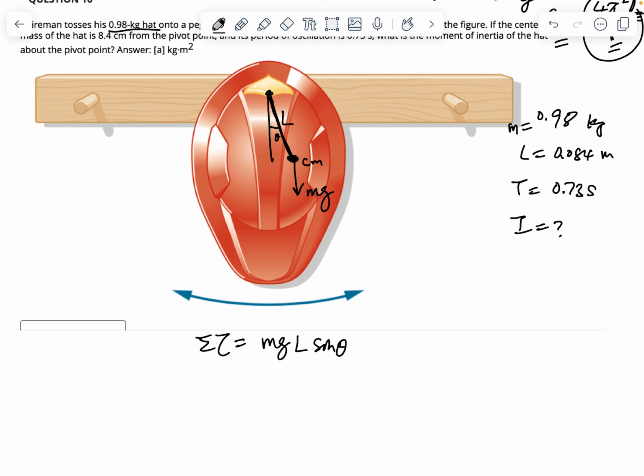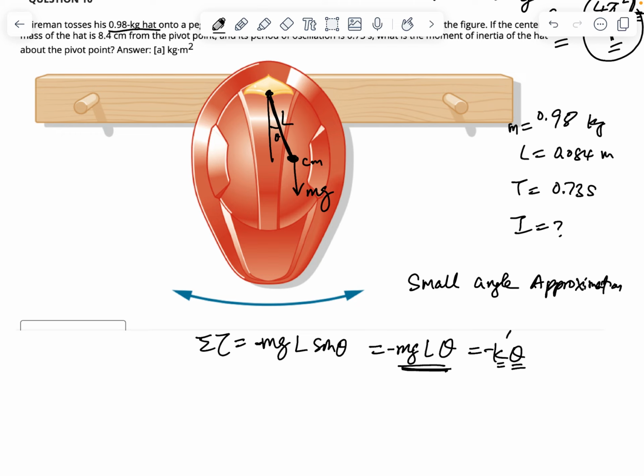If theta is small, equal to mg L theta, right? Small angle approximation. And also this is negative, equal to negative k theta, right? We call this k prime. It's similar to a spring constant, but it's not the same. So torque is proportional to angular displacement.